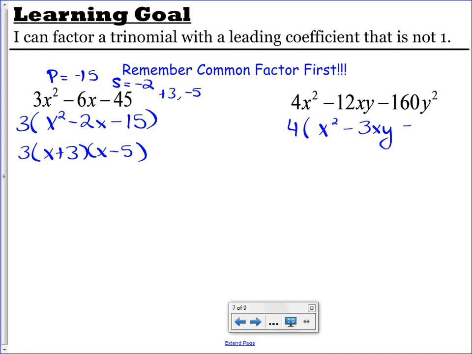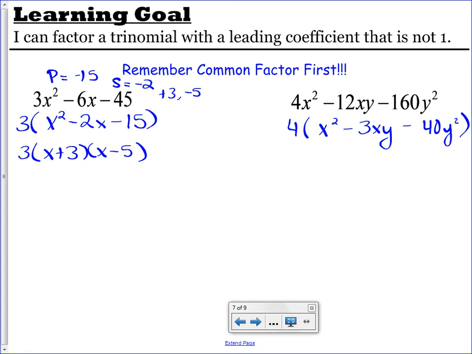Figure it out. Okay, so again, I had a complex trinomial. Sometimes it doesn't always work out that way, but I can common factor out that 4.